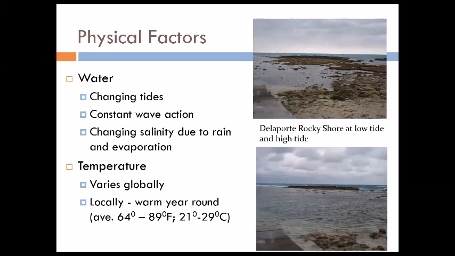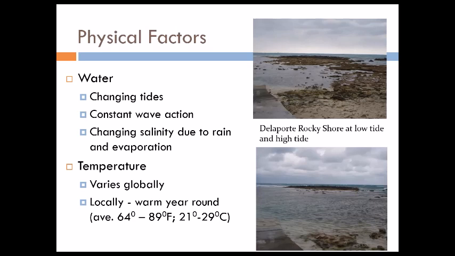Okay, another unique thing about a rocky shore is that the conditions are very variable. You may have parts that are underwater. You may have parts that receive some type of moisture whenever the waves crash into them.